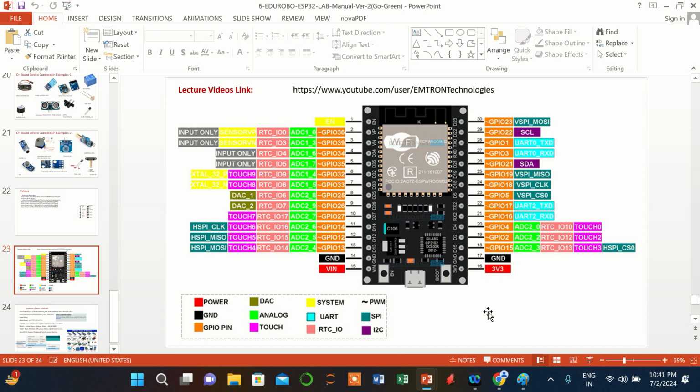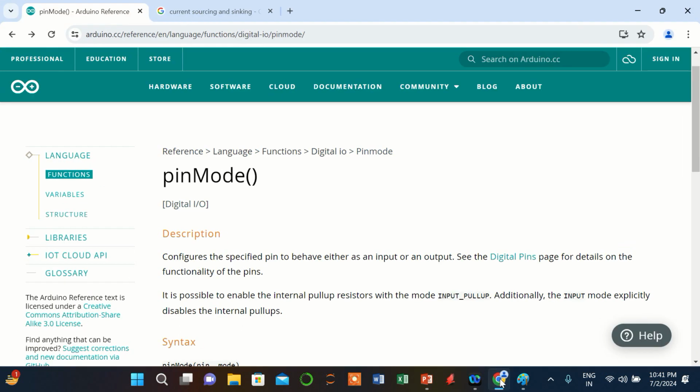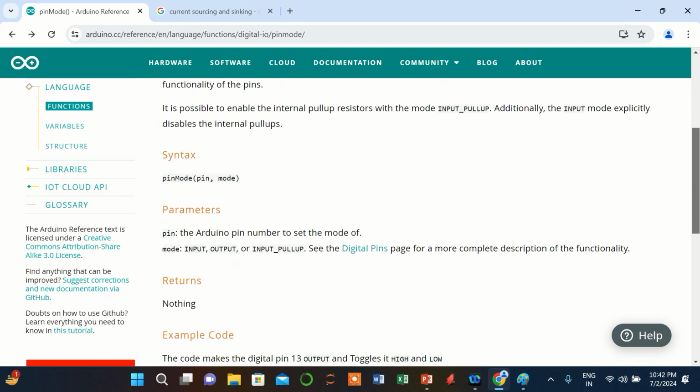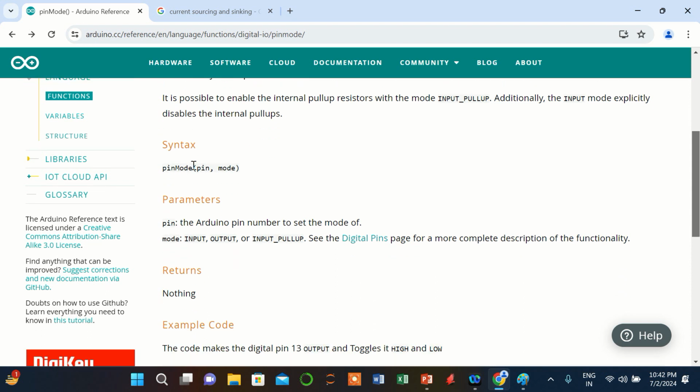Otherwise, 80% of the syntax is the same as any other embedded C, whatever we use in a computer. If you refer to the reference manual of the Arduino compiler and look for pinMode, the syntax is pinMode in brackets, number of the pin, comma, mode.